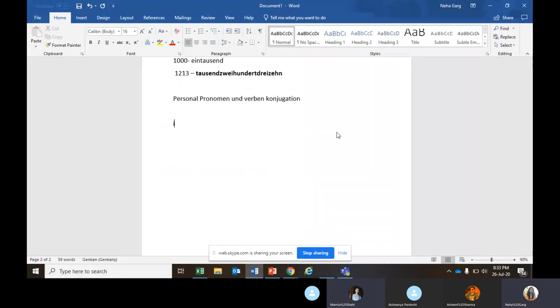So, Ich heiße Neha Garg. Ashwini, this double s is that beta sign. Okay? Ich heiße Neha Garg.